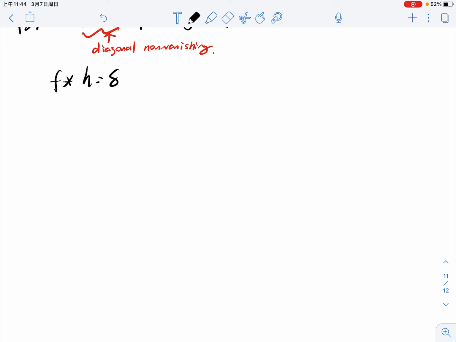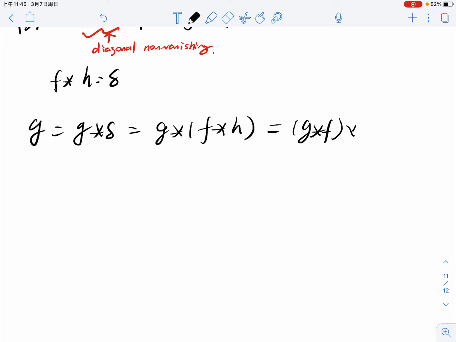And what is the relation between f, g and h? If we are in a number system, you might guess g and h are the same. How to prove it? This is basic stuff in the abstract algebra course, the first few lectures. Recall that g is g convolution delta, and therefore you can write it this way. Delta is f convolution h, and by associativity you have this, and you have delta convolution h, which is h.